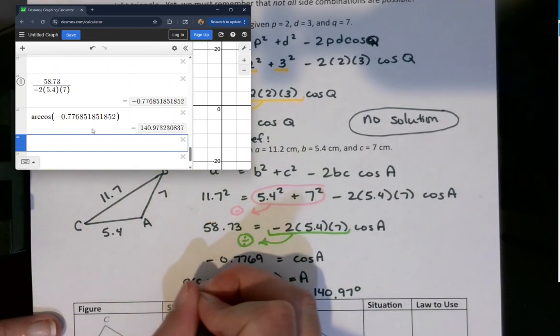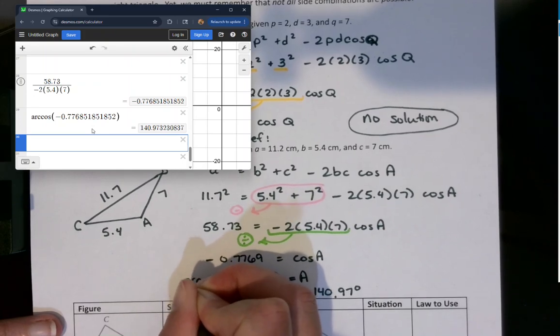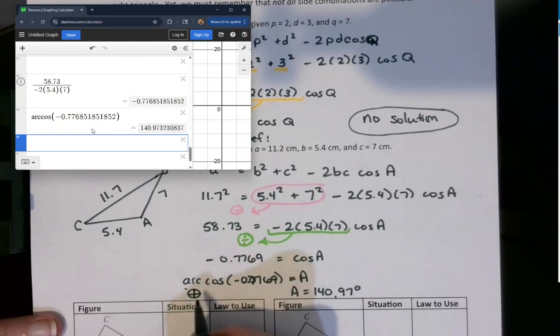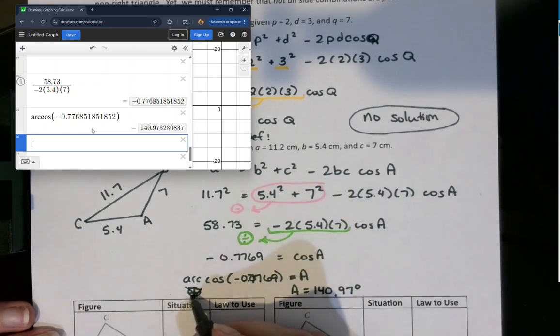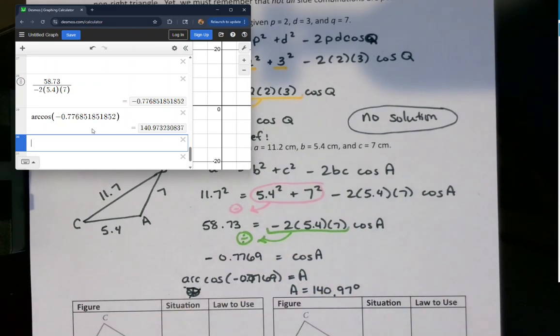Remember that if the cosine value is negative, then you must be in quadrant 2. So that means that your triangle is going to have an obtuse angle, which it does, 140 degrees. The other angle would have been in quadrant 3, which is bigger than 180, so that's not a possibility.